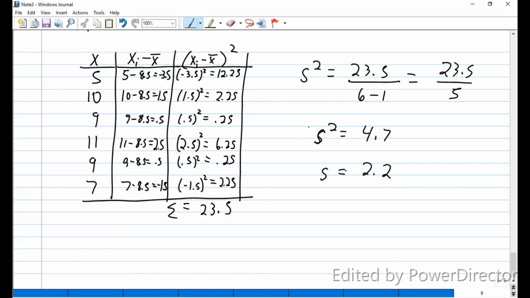My sample standard deviation is 2.2. Okay. Standard deviation takes some practice. Variance takes practice.